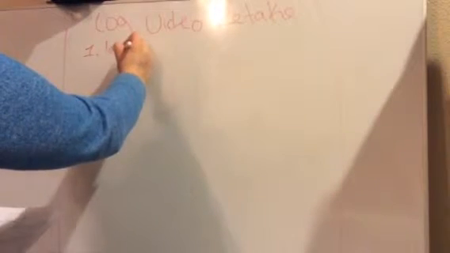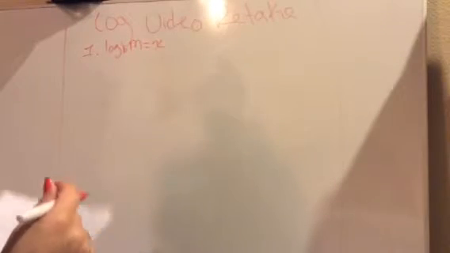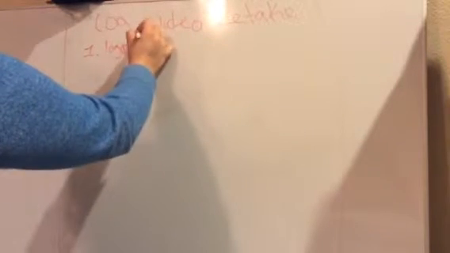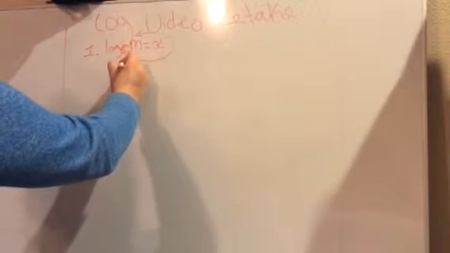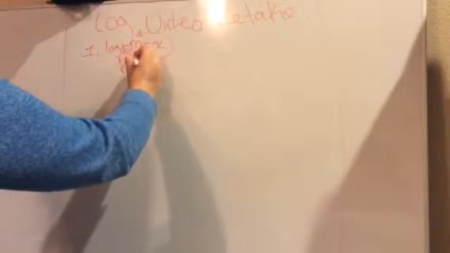So number one is log base b of m equals x. First we take b and move it around like it's giving x a hug. Then we change it to b to the x equals m.